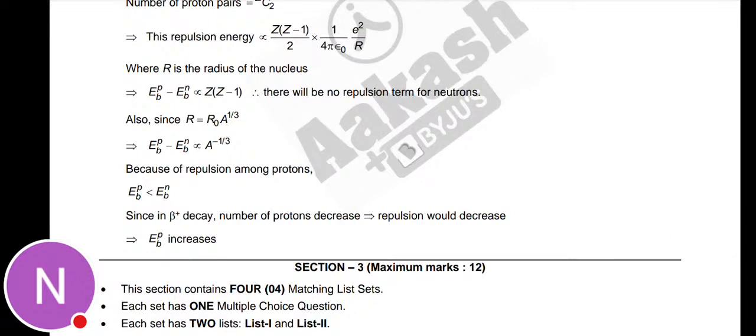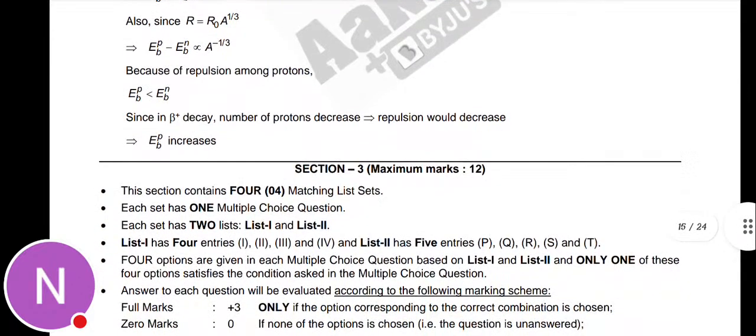For EBP minus EBN, if you use this formula, there will be no repulsion term for the neutron. Now R is equal to R naught A to the power 1 by 3, so EBP minus EBN goes as A to the power minus 1 by 3. Because of repulsion among the protons, EBP is smaller than EBN.